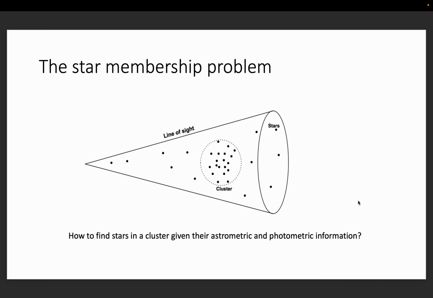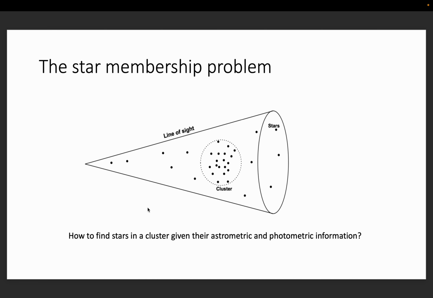So the problem of how to find stars is that we are looking for some specific points in the galaxy; this is a schematic representation. The question is how to find stars in a cluster given their information, like astrometric information, including coordinates, proper motions, and distance, and the photometric information.